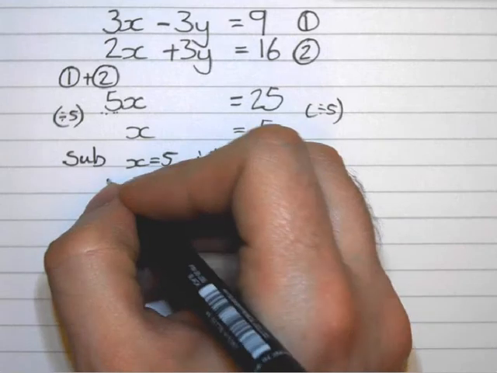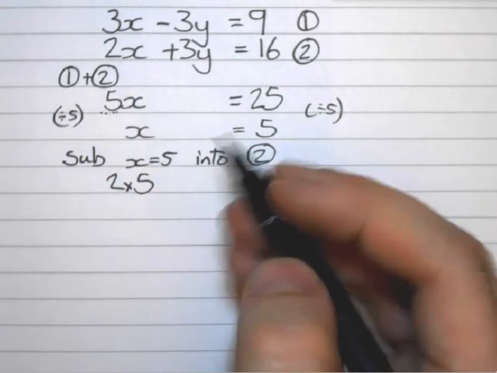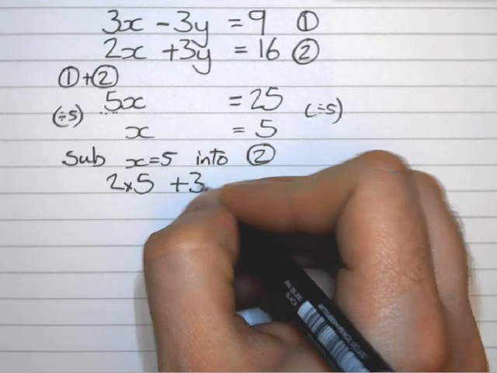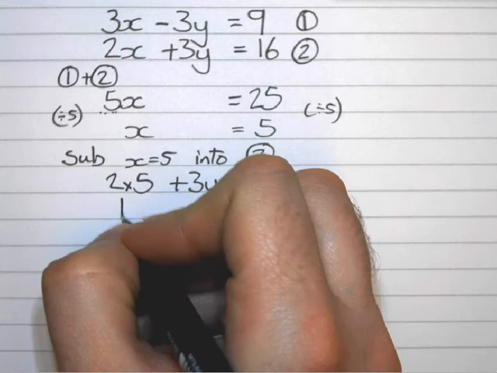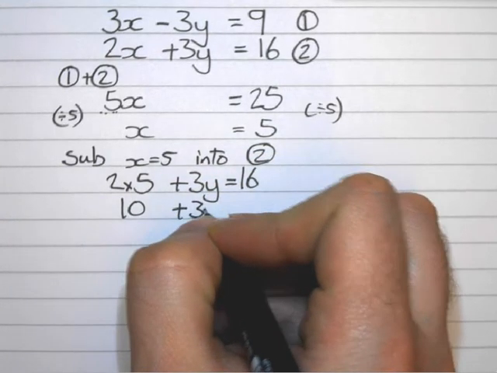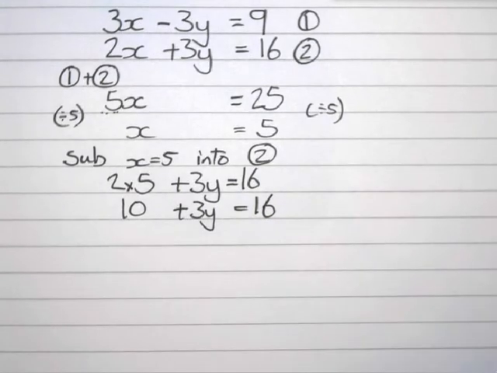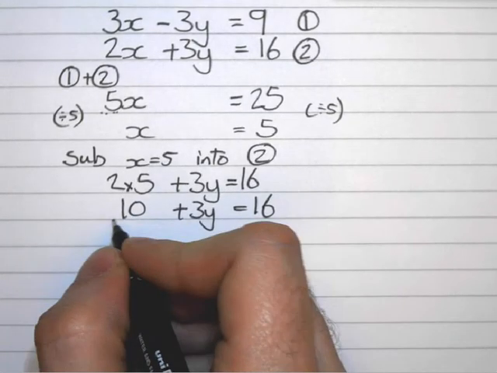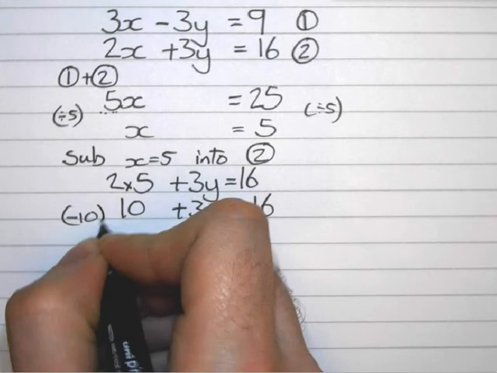That gives me 2 times 5, because I've swapped the x for 5, plus 3y equals 16. So 10 plus 3y equals 16. I'm going to follow my standard solving again. So I need this 10 gone, so I'm going to take away 10.